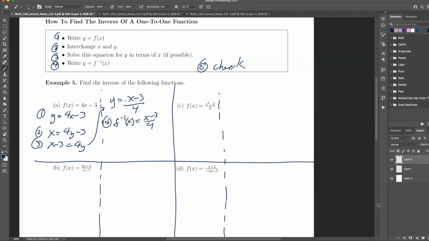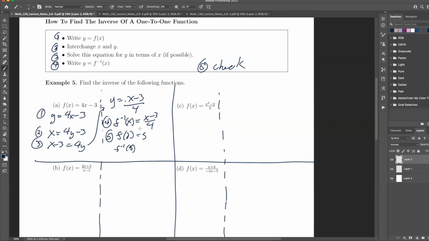All right, and then we're just going to check it. And here I like just an easy, clean way to check it: we'll just type in f of 2. If I plug in 2 here, right, I'll get f of 2 is 4 times 2, which is 8, minus 3, which is equal to 5. So here we want to find f inverse of 5. Does that send us back to 2?